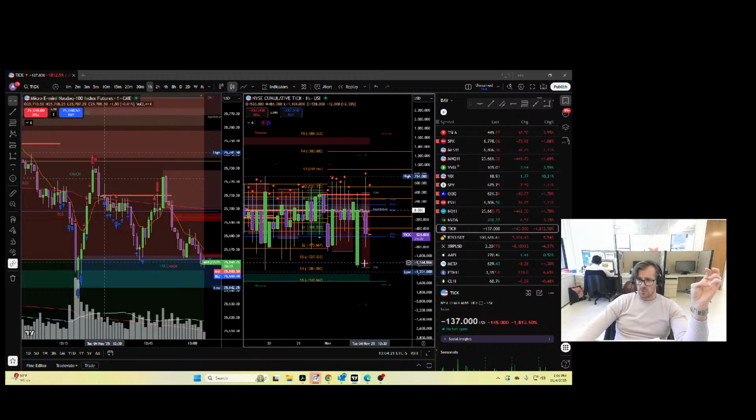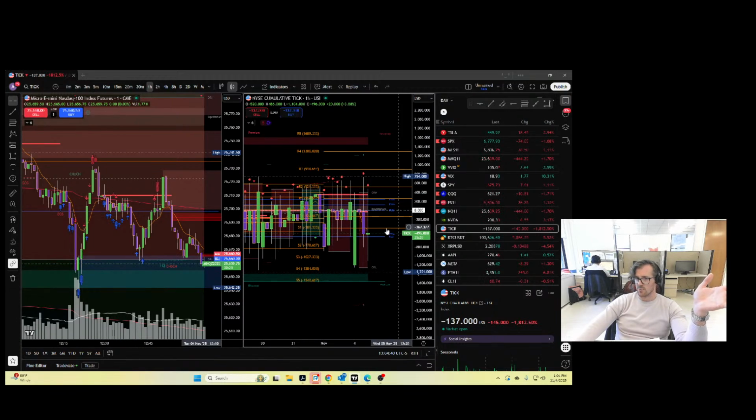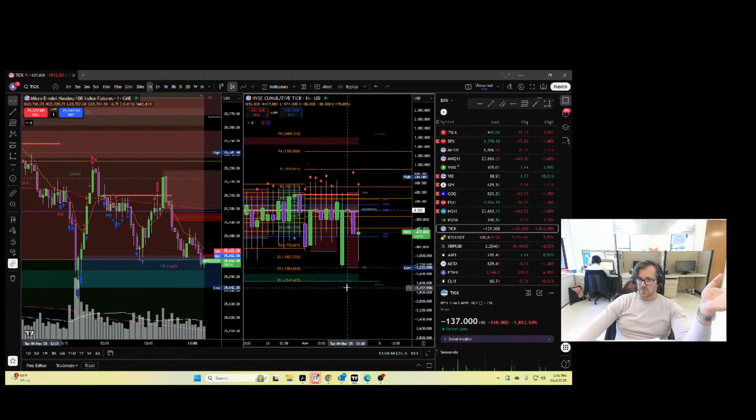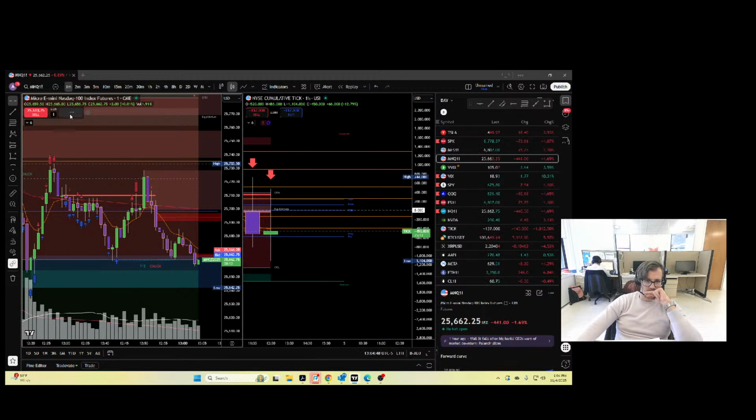When it's oversold, like basically 700 to 1,000, it's a good time to go long. When it's below 700, it's a good time to go long. When it's above 700, good time to go short. It only goes back and forth between those levels. So right now would probably be a good time to go long.